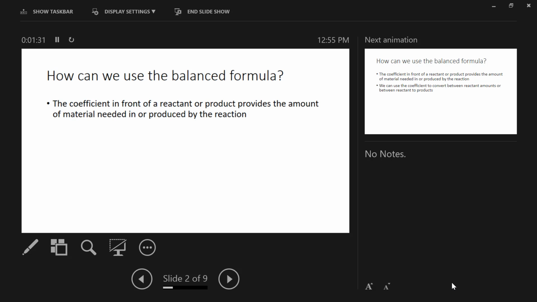The coefficient in front of anything in our equation, the coefficient in front of the reactant or the product, tells us the amount of material that we need to make that reaction work, or the amount of material that's going to be produced by that reaction.